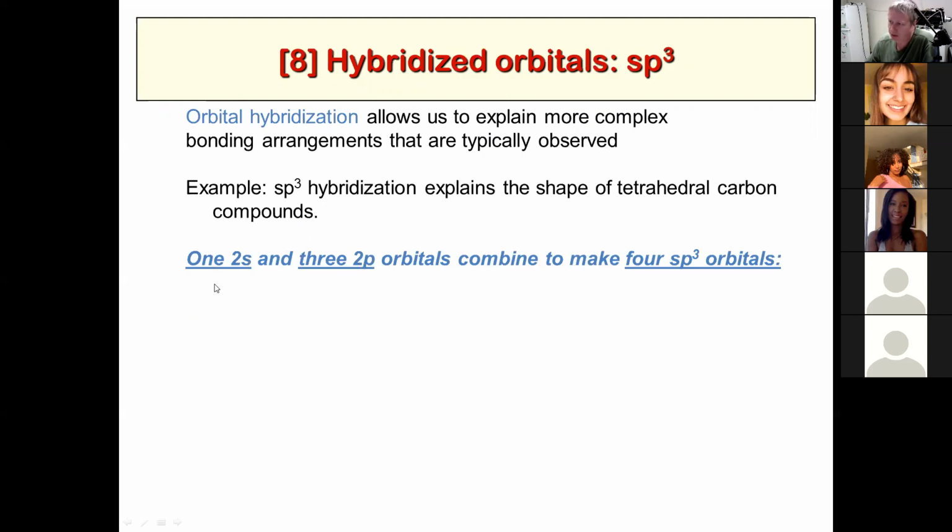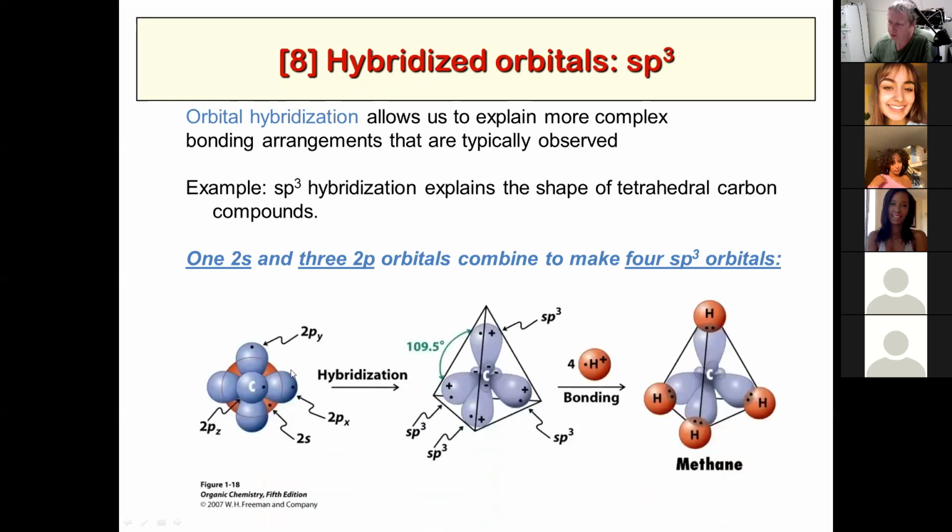You have the 2s and the three 2p orbitals get combined or hybridized to make four sp3 orbitals. So we imagine the 2s and the three 2p's coming together and forming these hybrid orbitals, these four sp3 orbitals.